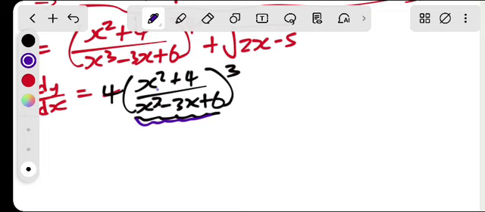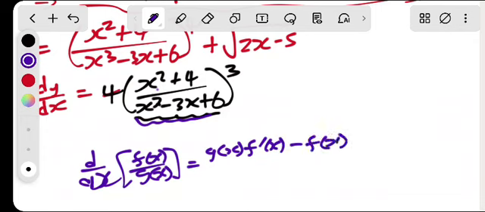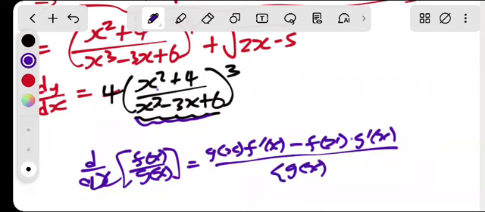The quotient rule states that if you differentiate, for an example, f of x over g of x, this will be equal to g of x multiplied by f prime of x minus f of x multiplied by g prime of x, all over g of x squared.